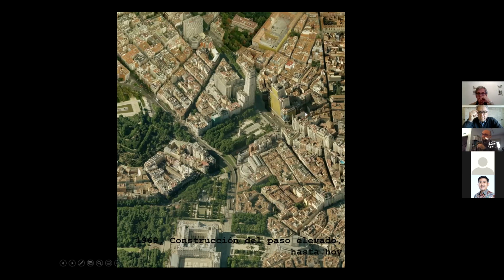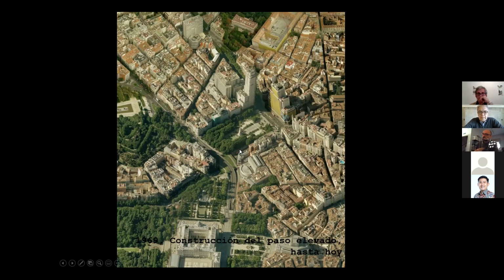Before we have this square, this was a military headquarters. So of course the prime minister was very close to the Royal Palace, and now this is the Senate of Spain. So all this space is linked with the power.